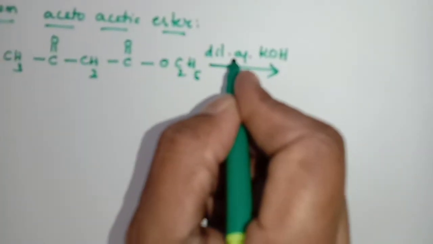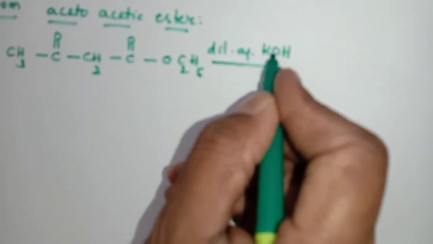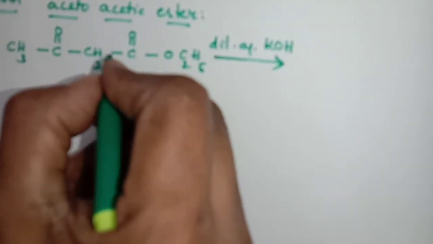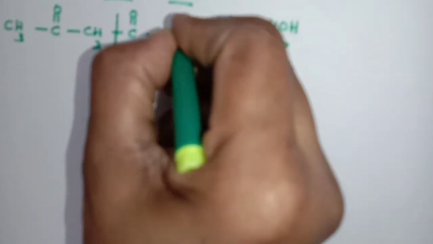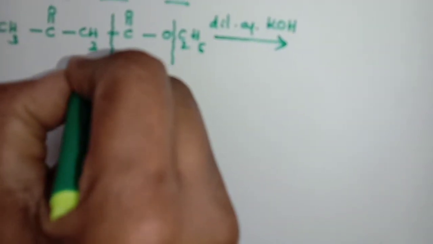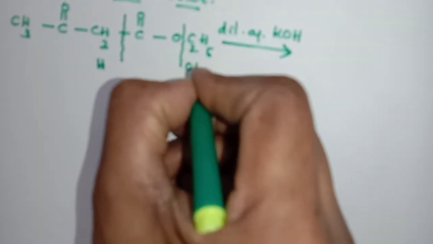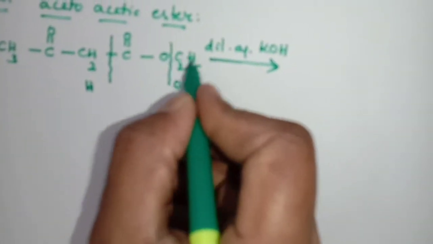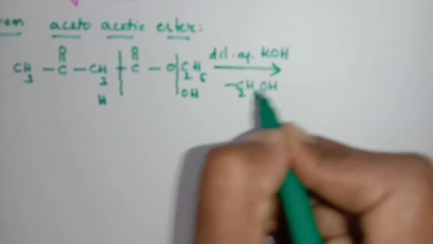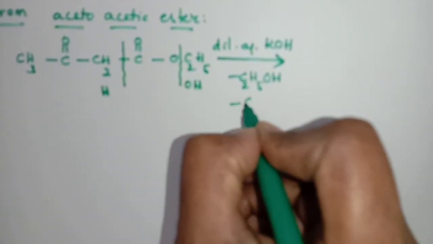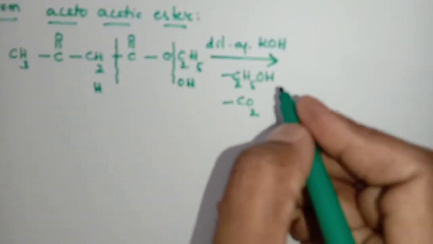What is KOH? Potassium hydroxide. What is aqueous? KOH means potassium hydroxide dissolved in water. So what happens? Here the bond breaks up, and here also the bond breaks up, and here comes hydrogen, here comes OH. So C2H5OH comes out, minus C2H5OH, and C with the 2 oxygen comes out as carbon dioxide.